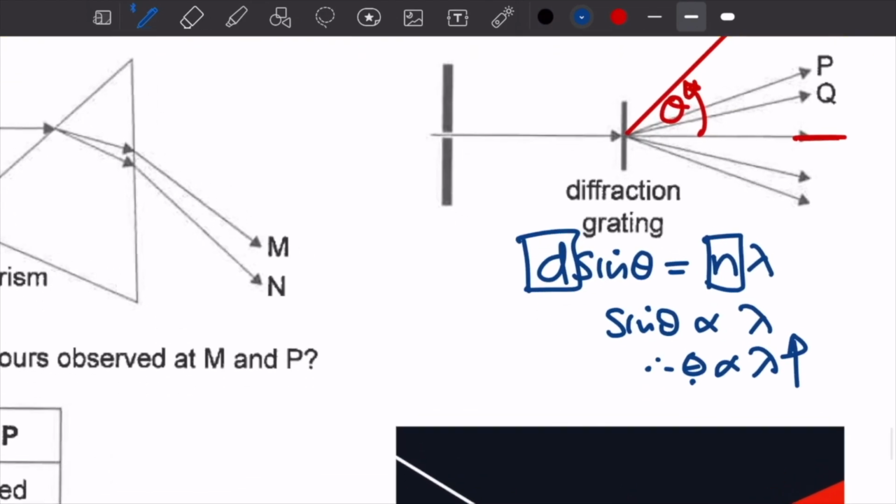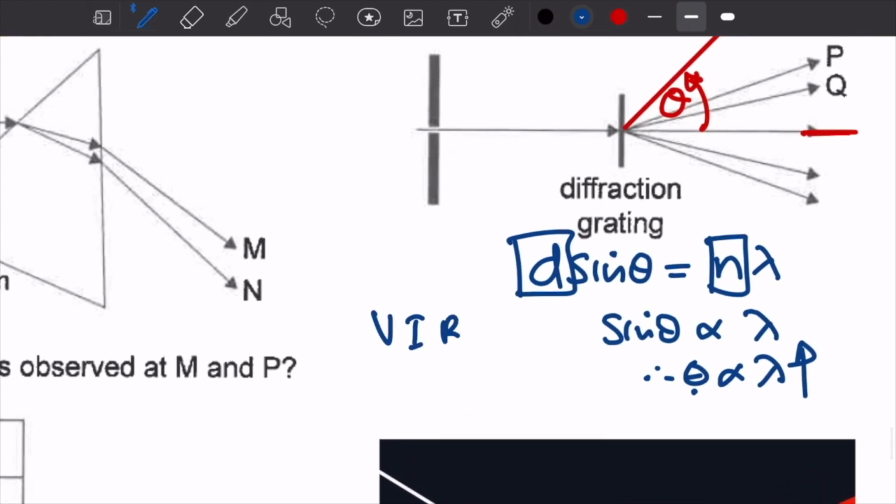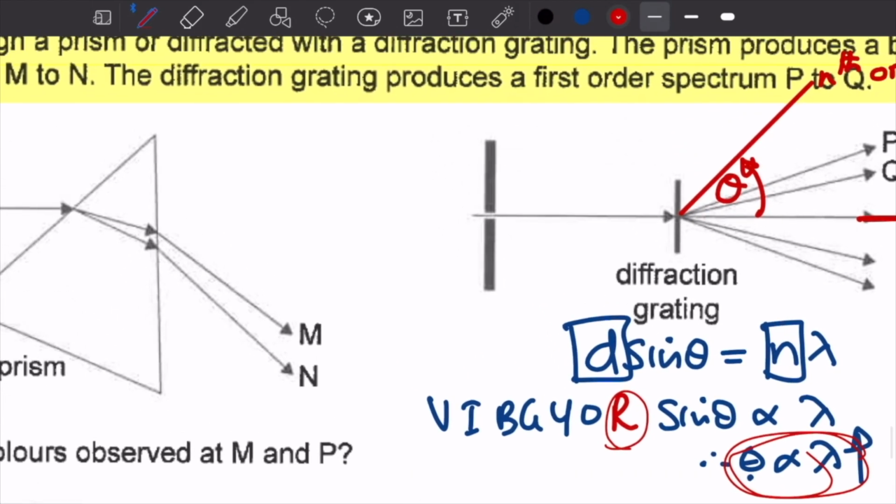We should know the order: violet, indigo, blue, green, yellow, orange and red. Red has the highest wavelength, so the highest angle will be for red.